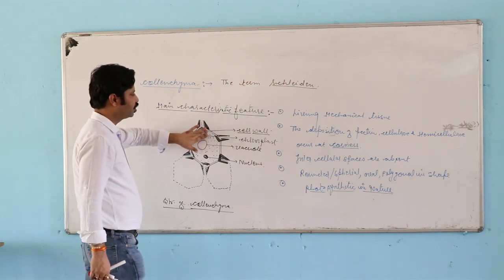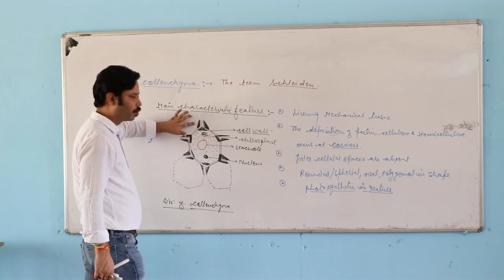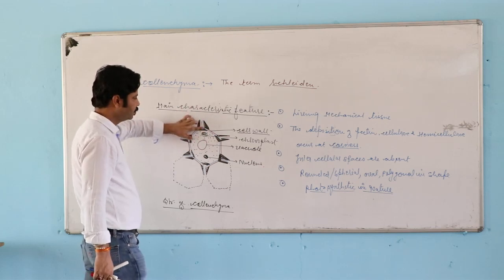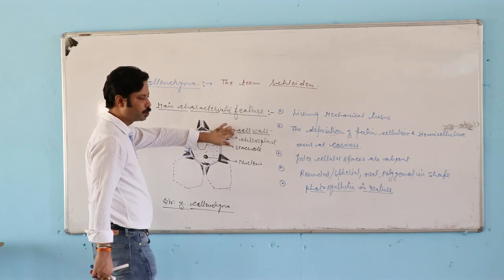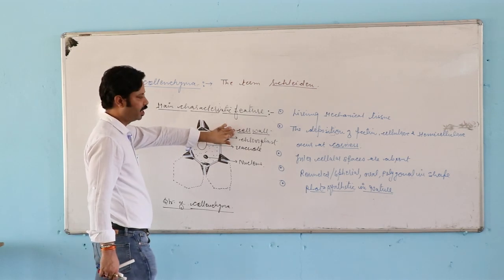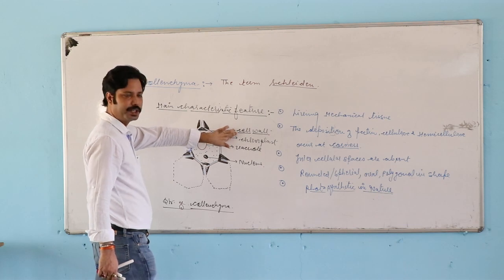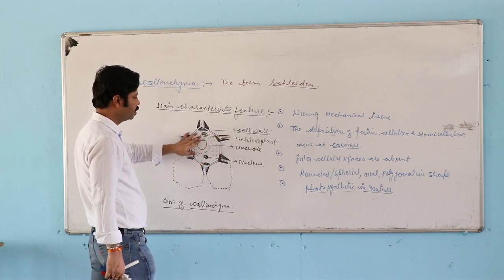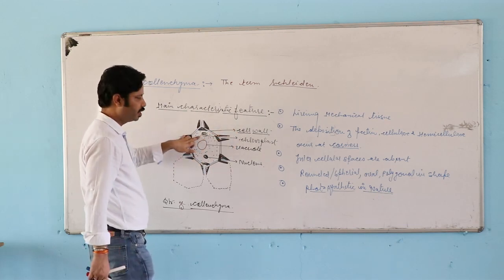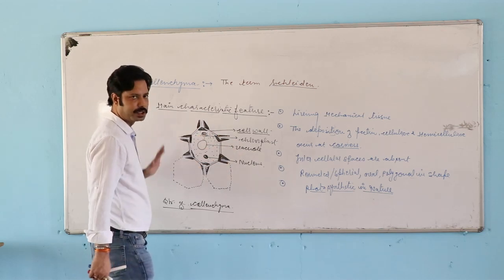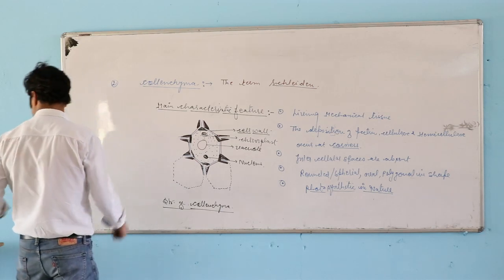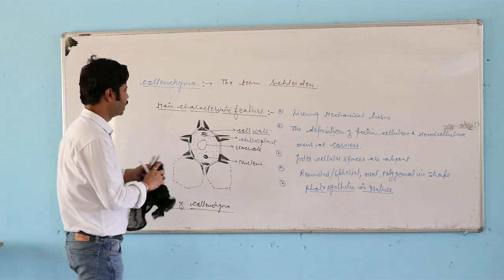The deposition of lignin takes place at the corner of the tissue. Cell wall is basically pectocellulose, means pectin and cellulose. Chloroplast is present in it, hence it is photosynthetic in nature, with vacuole and nucleus. This is the structure of collenchyma.